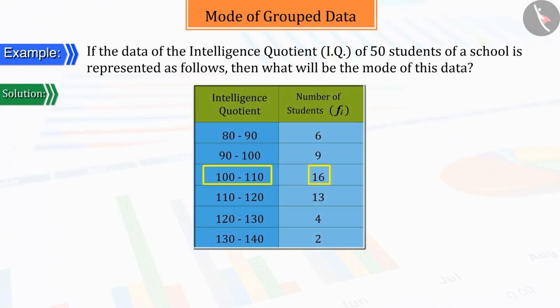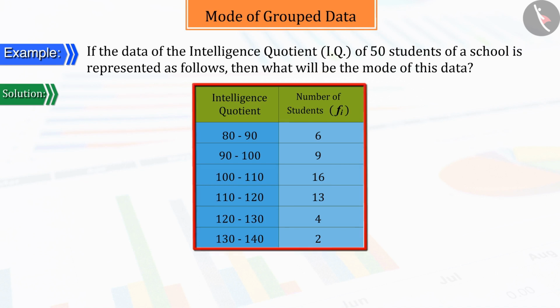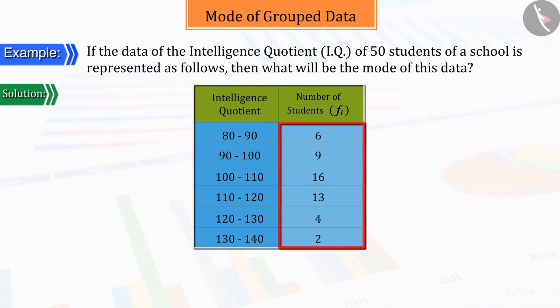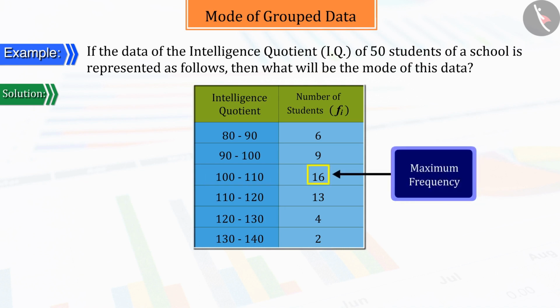Mode is a value inside the class with the highest frequency, but remember, in a grouped frequency distribution, mode cannot be determined merely by looking at the frequencies. Instead, from frequencies, we can find the class whose frequency is more, which is called the modal class.